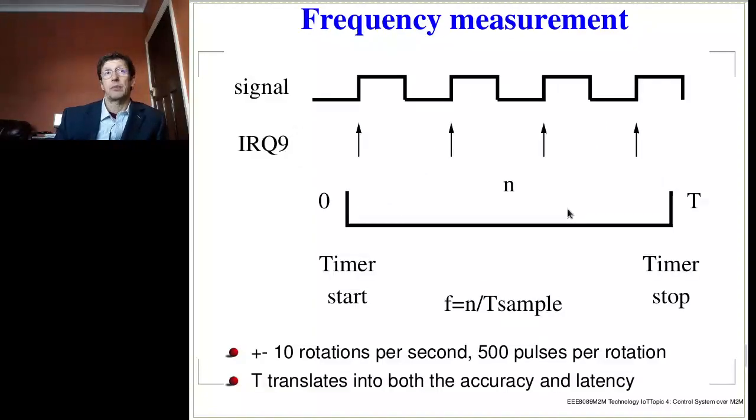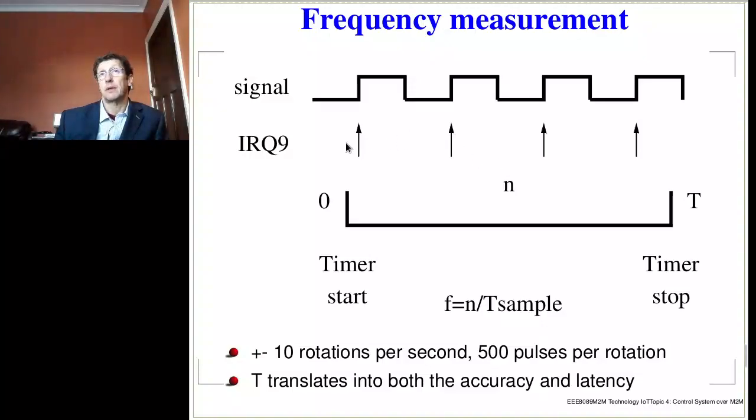Well, by the way, it's possible to measure not the frequency but the period as well. So it's possible to fill the period between the two interrupts with multiple fixed timing intervals. It is possible, yes. You can do this, but this is adequate for very, very slow rotational speed.